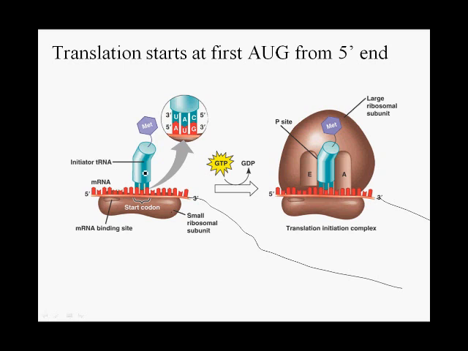This is a tRNA molecule charged with methionine, and it has the anticodon shown here, CAU, which is complementary to the start codon, AUG. Once that has formed, the large subunit binds, and now we have a complete initiation complex ready to go.